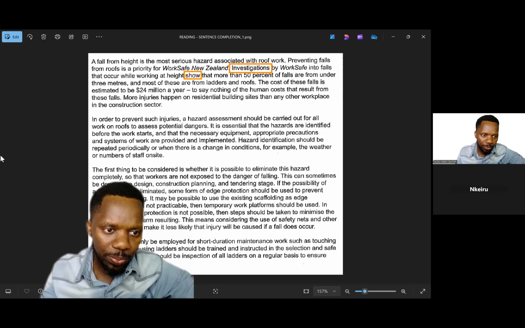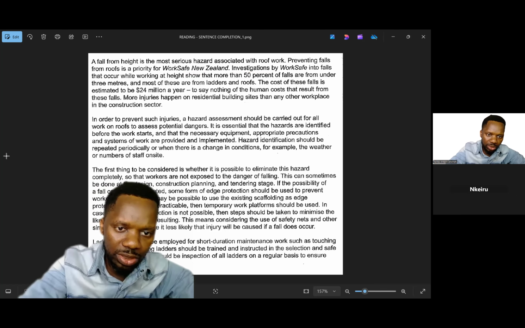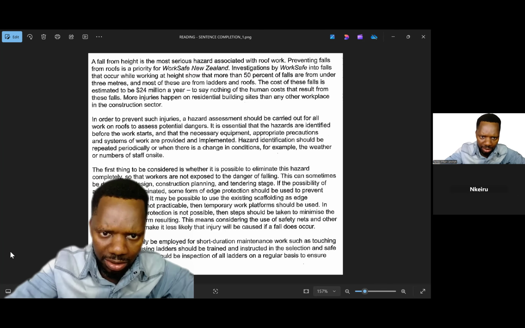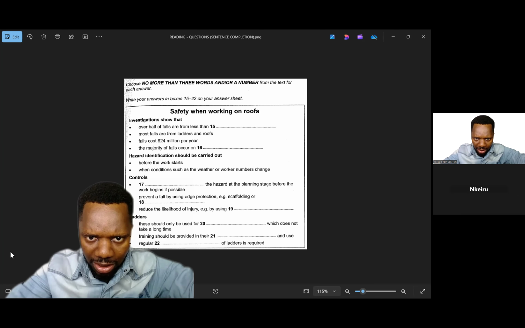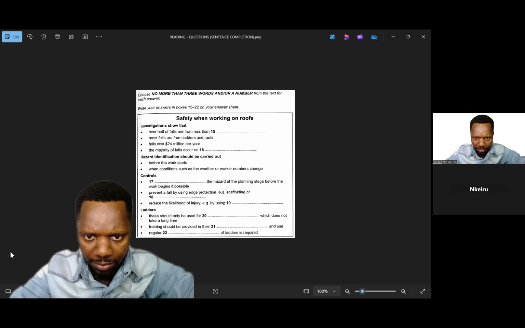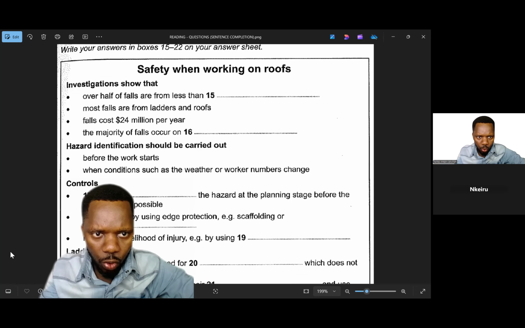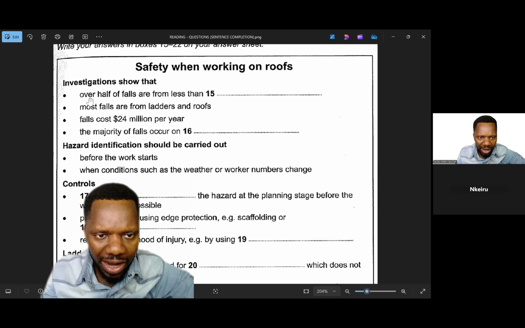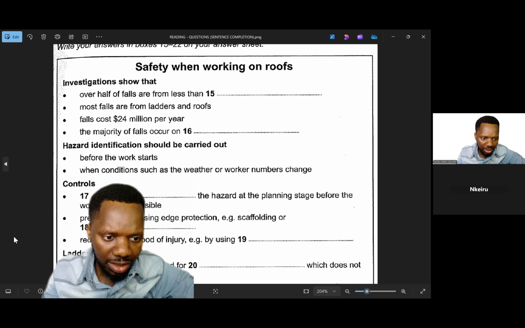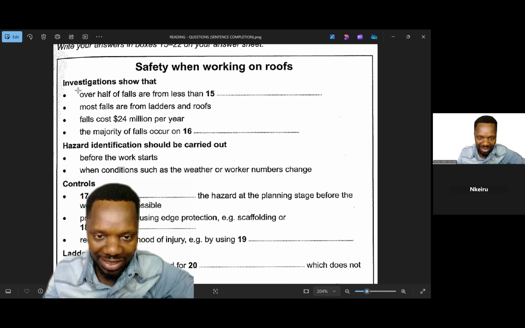Now, let's go back to the question and understand. So here it says over half. Over half is a keyword here, but in a paraphrased way. I'll show you how that paraphrasing is played out.